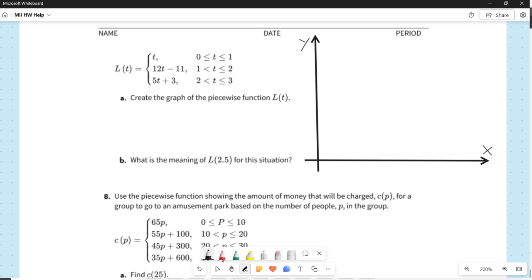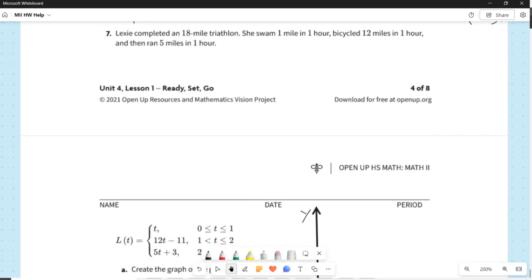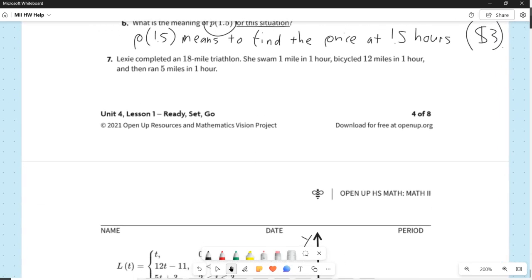So we've got 3 pieces here that we've got to graph. There's one segment from 0 to 1, so we'll make that 0 to 1. Then another segment from 1 to 2, and then another segment from 2 to 3. We're also told that this is an 18-mile triathlon, right?